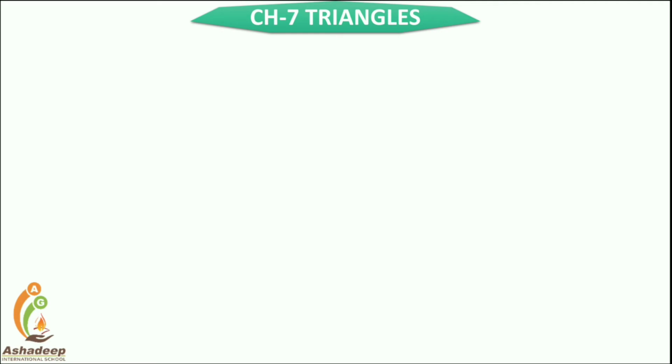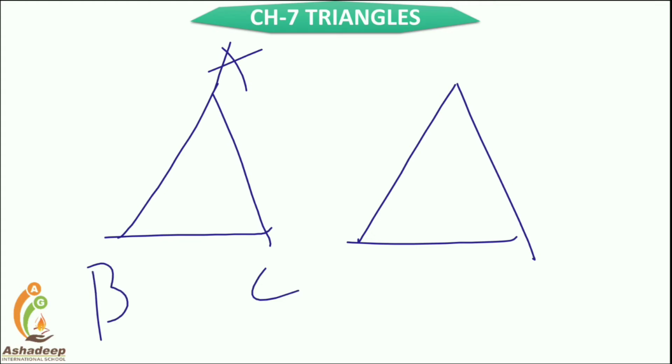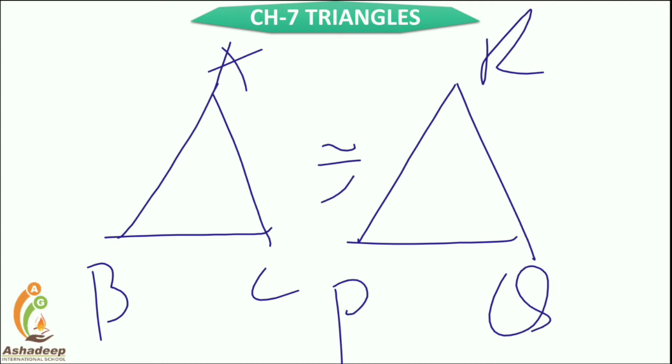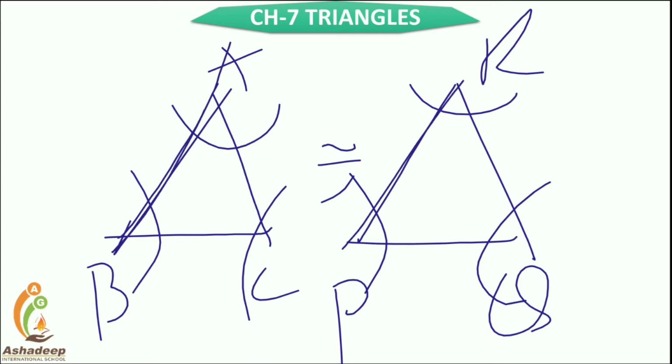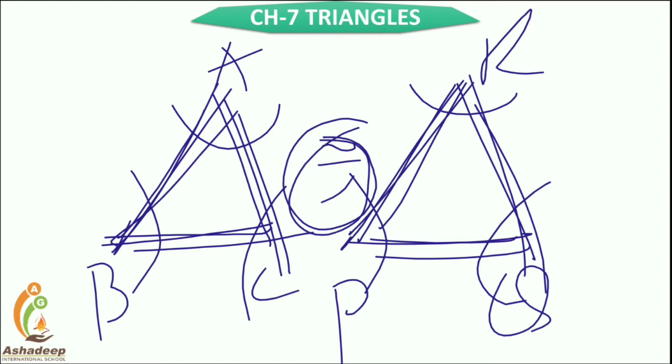So once you prove that any triangles are congruent, for example ABC and RPQ are congruent triangles, after that you can say that A is equal to R, B is equal to P, C is equal to Q, AB is equal to RP, BC is equal to PQ, and AC is equal to RQ. These are the 6 things that you need to know: when two triangles are congruent, at that time corresponding parts are equal.